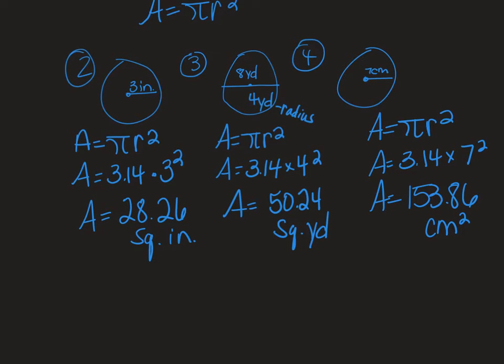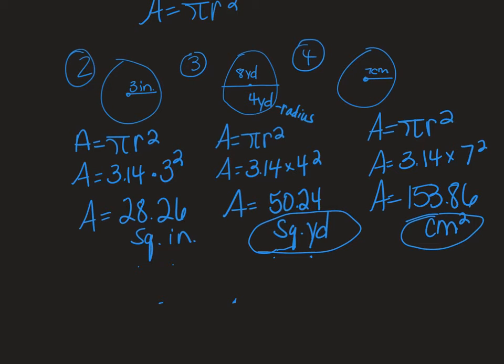Now, let me ask you a question. Does everyone understand why this is written with a squared sign here and this is written with SQ and then the measurement? Isn't that just the same thing? It's not the same thing. Square inches, square yards, square feet. When you're using standard measurements, you're going to put square in front of it.